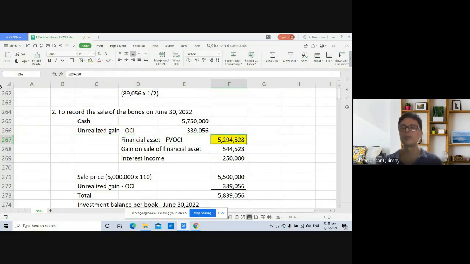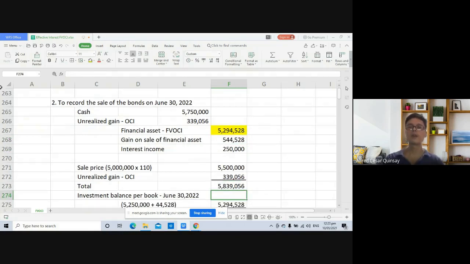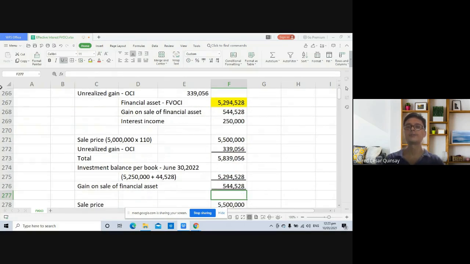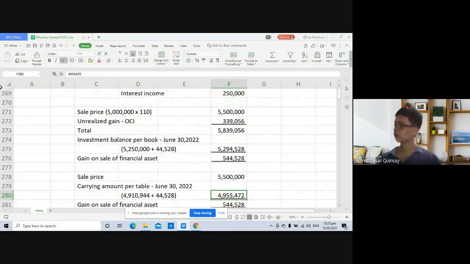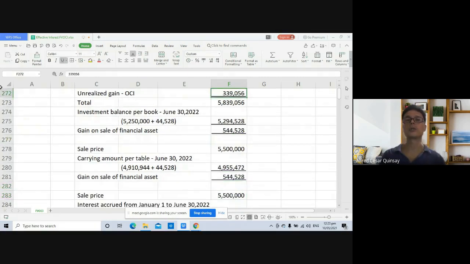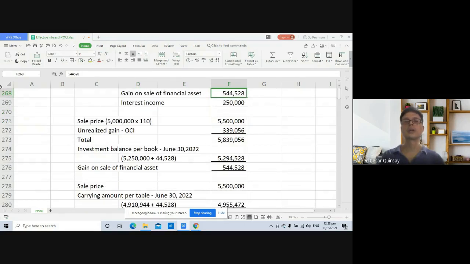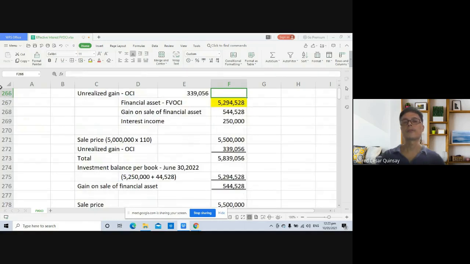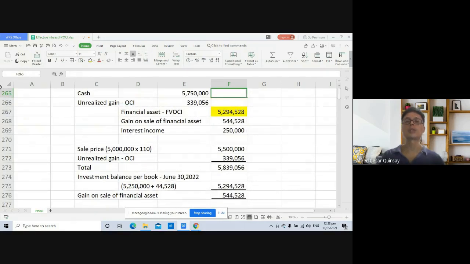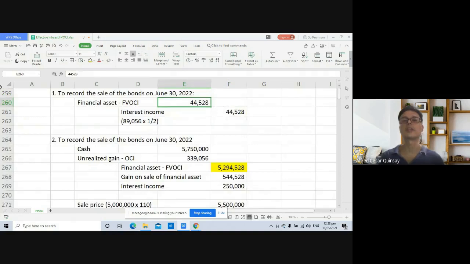So, for 5,294,528. Okay, so kinuha lang natin yung investment balance per book. This is 5,250,000 plus yung 44,528. So kung naalala mo, kinumpute natin dito yung 44,528 yung amortization as of June 30, 2022.